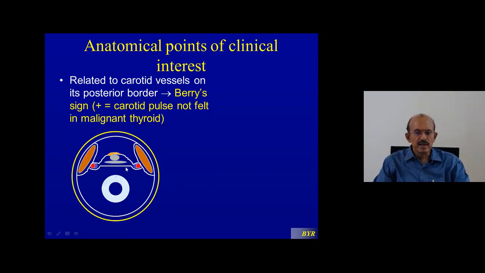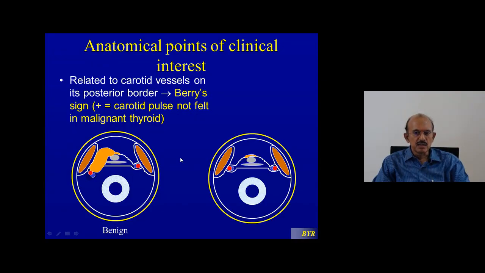I will explain here in this diagram. Here are the carotid vessels, and this is the thyroid gland. This is the pretracheal fascia. If the thyroid lobe enlarges, it simply pushes the carotid vessels behind it. So if you keep your fingers here at the posterior border of the swelling, you will be able to feel the pulsations if it is a benign swelling.